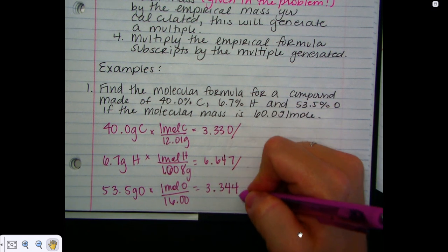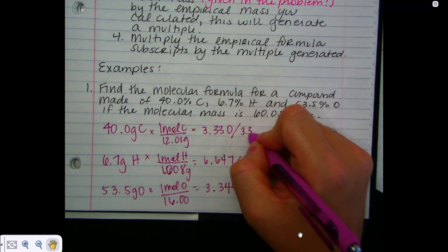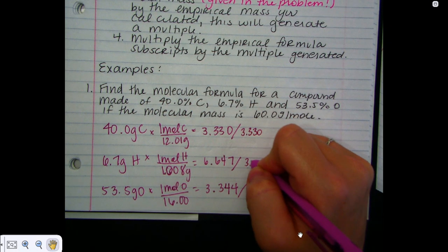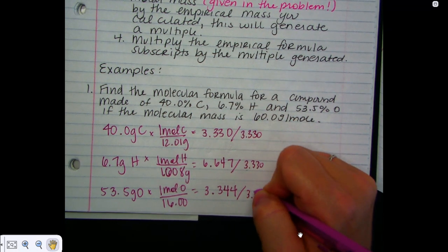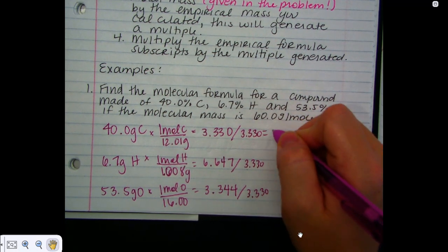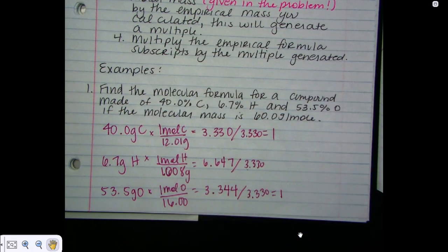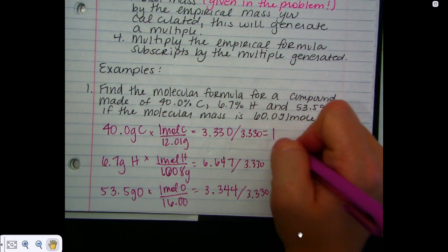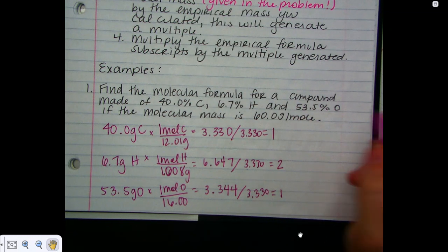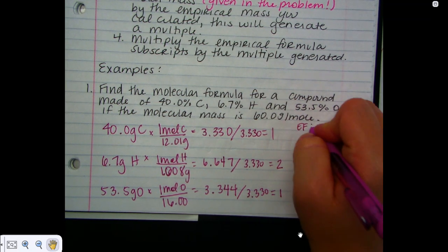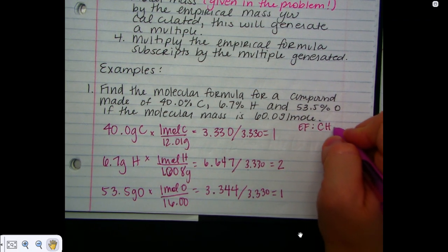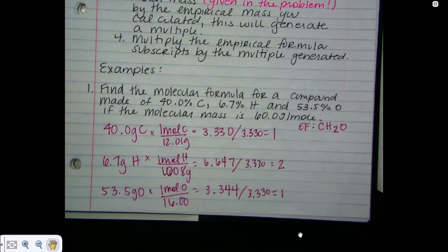So our carbon is going to be the smallest, 3.330. Obviously carbon and oxygen are both going to be 1. So 6.647 divided by 3.330 should be 1.99, so 2. So my empirical formula is CH2O. Now I need to get the empirical mass.